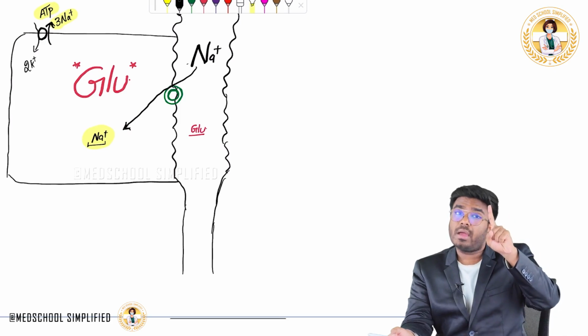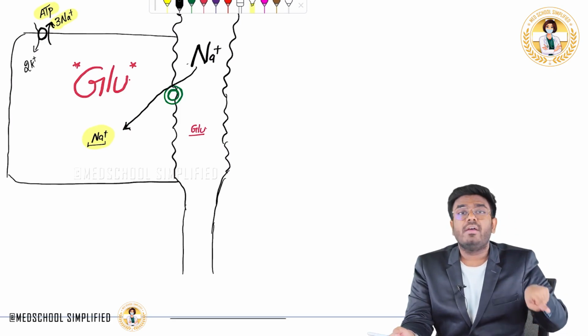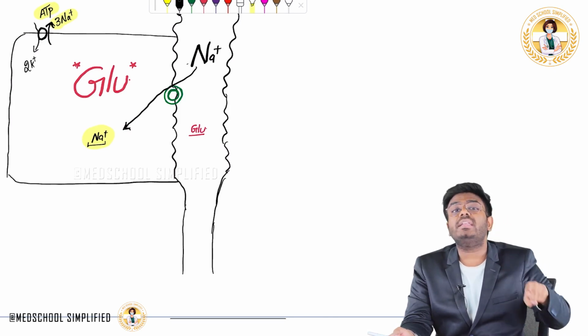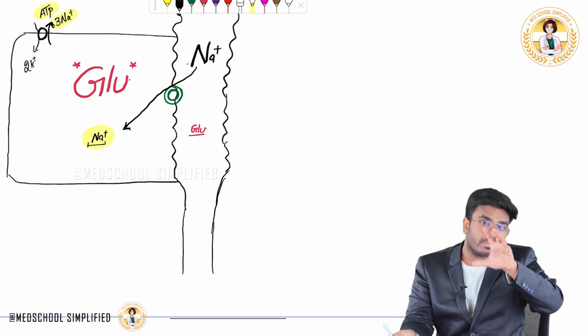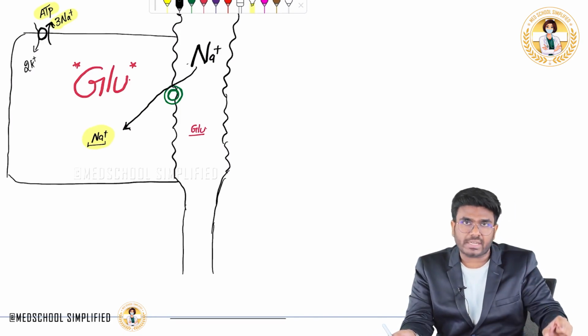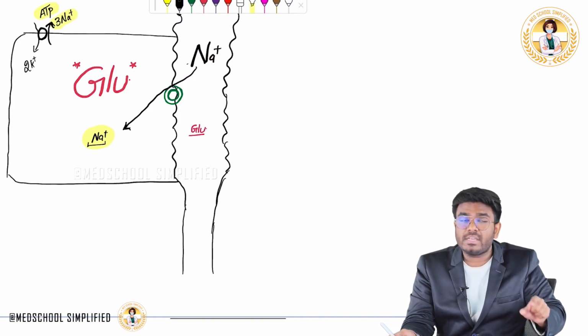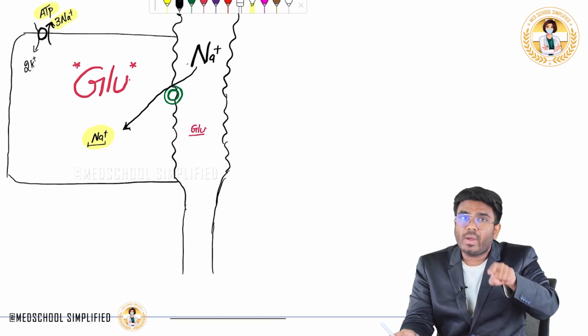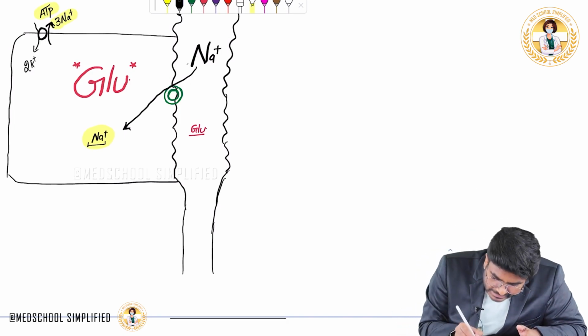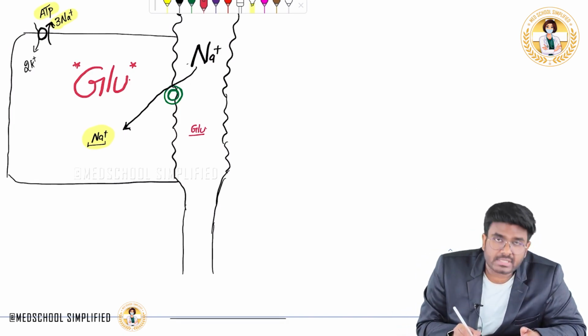Why? Because it's coming from high concentration to low concentration. It's coming according to the concentration gradient, from high to low. So, while it is moving in, there is no problem for the sodium. While it is moving in, it will take this glucose.